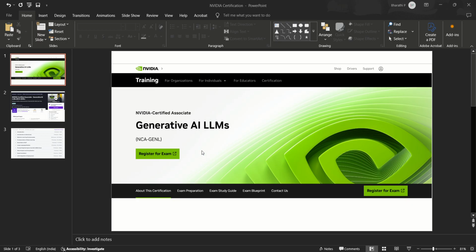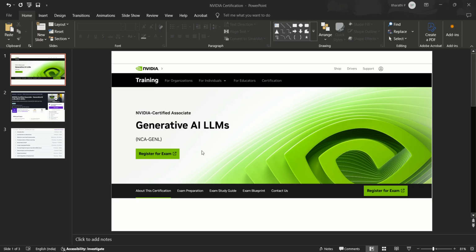NVIDIA themselves provide the list of topics from which they get their questions: fundamentals of machine learning and neural networks, prompt engineering, alignment, data analysis and visualization, and so on. So you can consider that an average of 5 questions will be asked from each topic. Sometimes they can emphasize one specific topic, and you can get more than 5 questions from that topic.